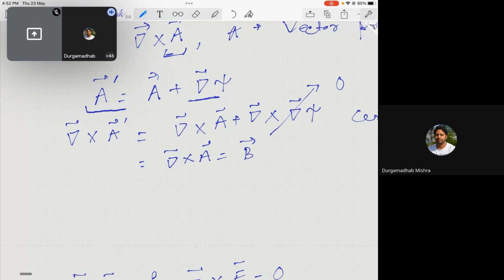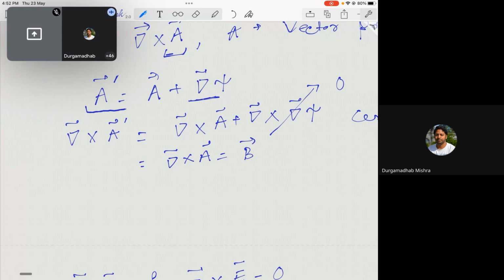But for mathematical convenience, since we have something like a scalar potential, the concept of this vector potential was also introduced.